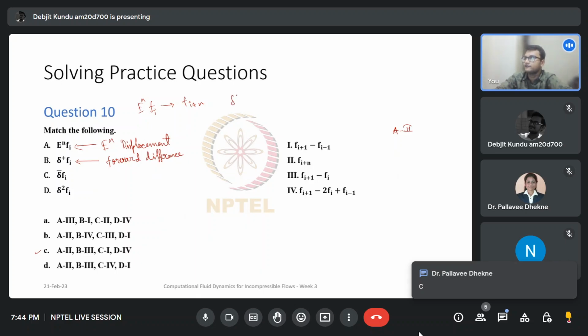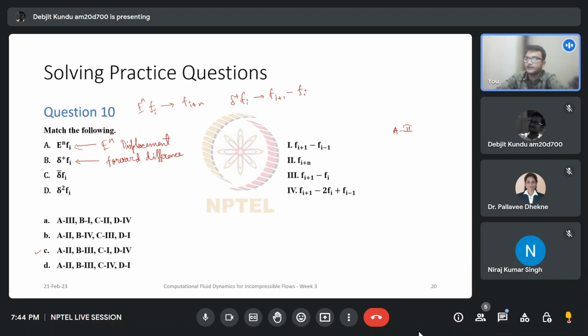So if I have delta plus fi, that simply means fi plus 1 minus fi. So that is option 3. So B3. Then this next one, delta bar. What is this operator known as? Central difference operator.